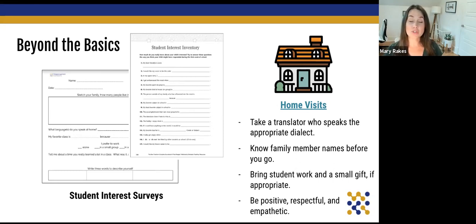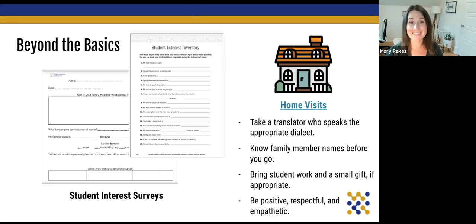You could do it side by side with this student and walk through it with them if you didn't have the ability to translate immediately. But these student interest surveys are going to give us a lot of good information about our students' experience at school, what they like about school, what their living situation is like, and things that they're interested in, which is going to help us when we're pulling in content for our classroom.